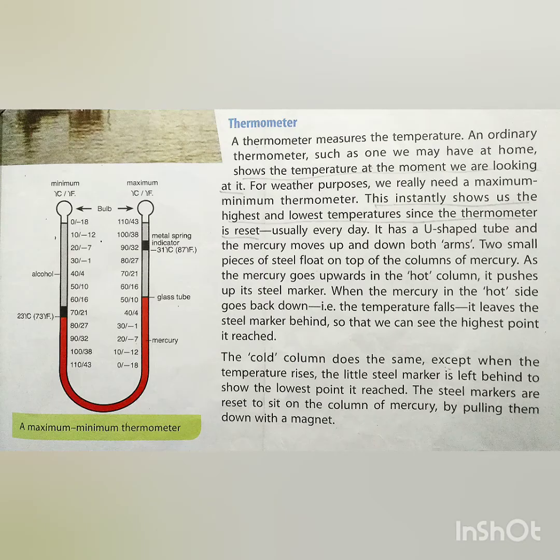Now talking about the thermometer, which is used to measure temperature. But the thermometer we use in weather measuring is not the ordinary thermometer that we use in our homes. The thermometer used to measure the weather's temperature is U-shaped.